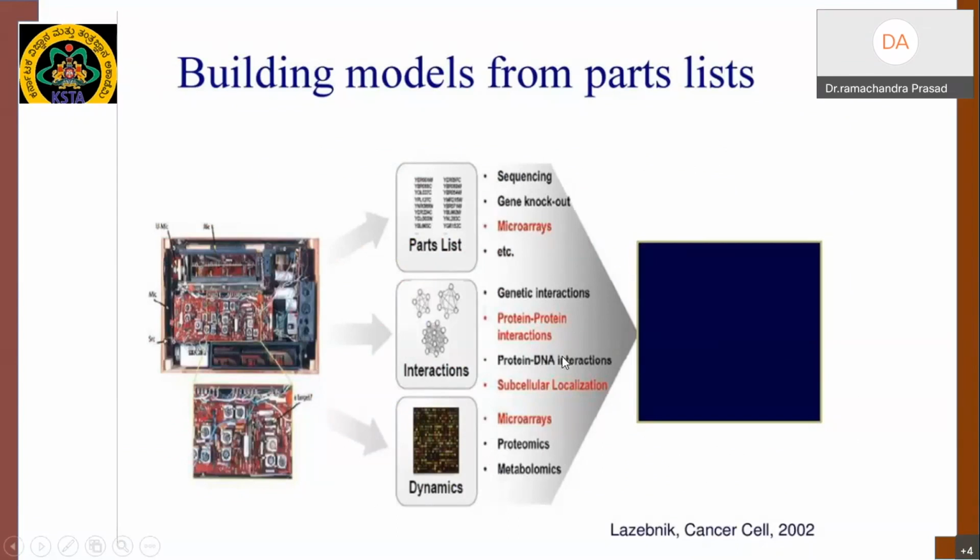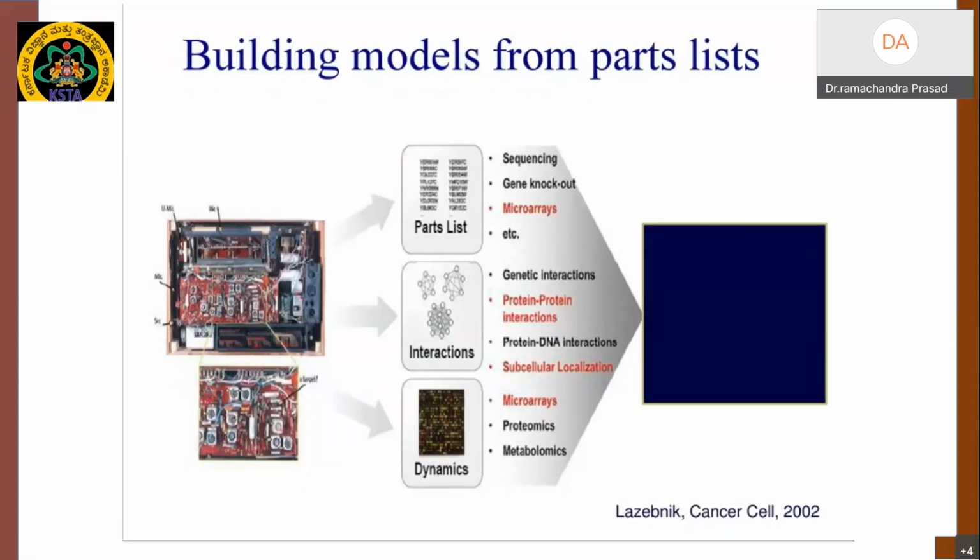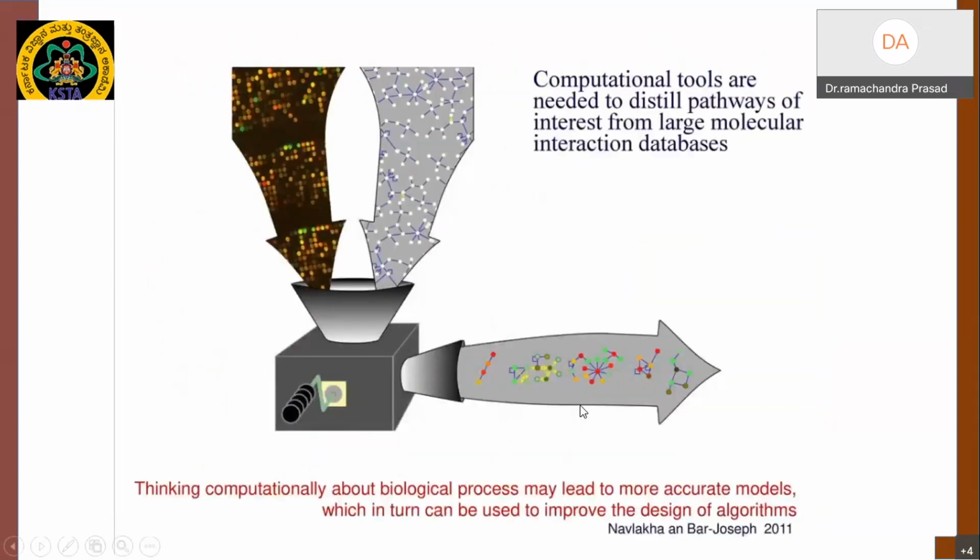These are different techniques from which huge data is generating. All these data we need to understand. That's the bioinformatics. Next, computational tools are needed to extract pathways of interest from large molecular interaction databases. So it's like a huge data in flux.